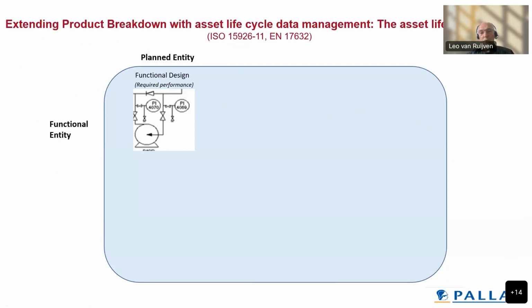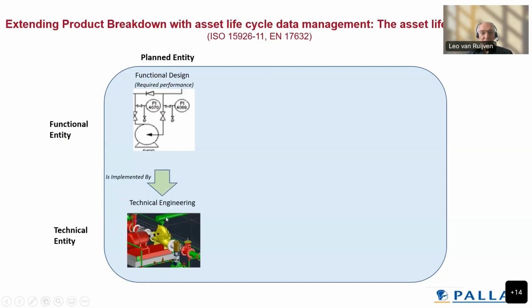Also, we have the problem of the life cycle, introducing the asset life cycle. So we have, also based on the 15926 and 16739 European standard, semantic modeling linkage standards, which recognize that you have planned functional entities, mostly the things that you can find as symbols on the drawings, which are implemented by planned technical entities, the design represented by the 3D model.